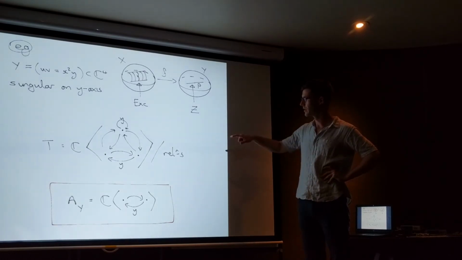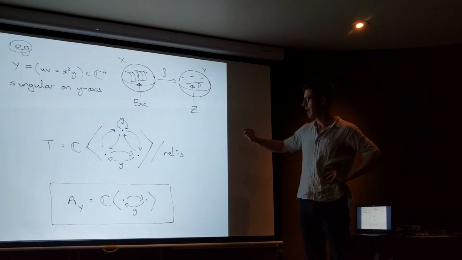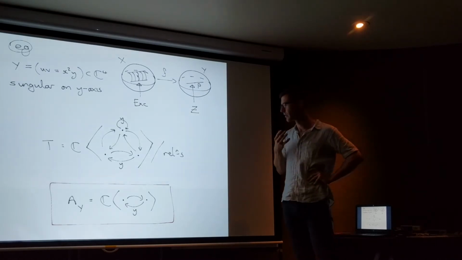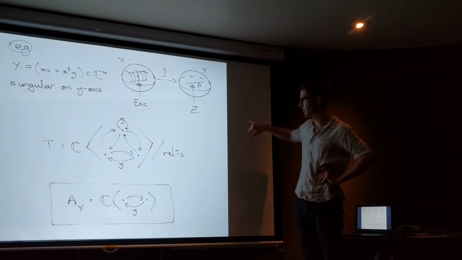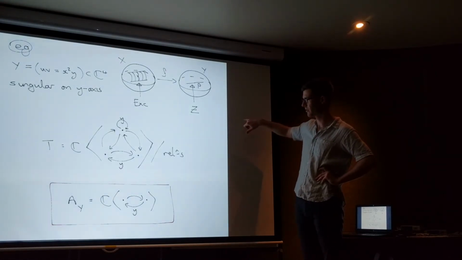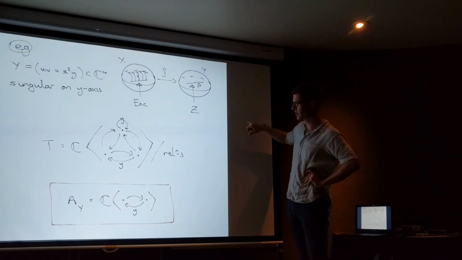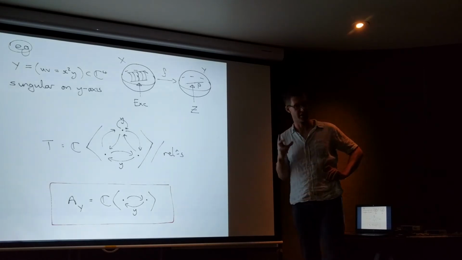So this quiver represents the endomorphisms of that bundle with its three summands. So the top vertex corresponds to the structure sheaf, and the bottom two vertices correspond to the curves.